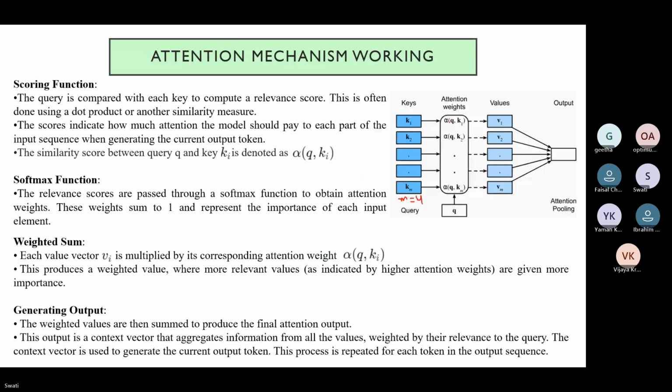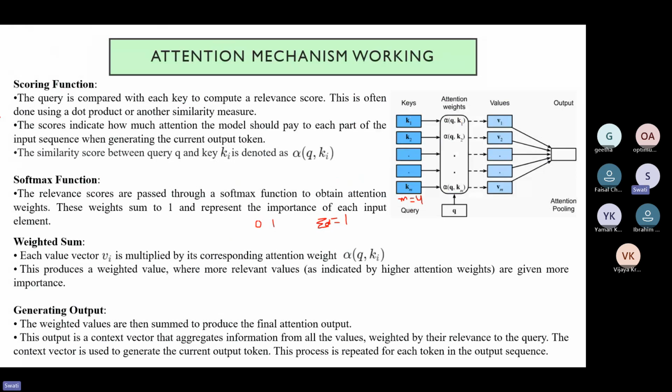All the scores will have values between 0 and 1, and the sum of all the four alpha values will be equal to 1.